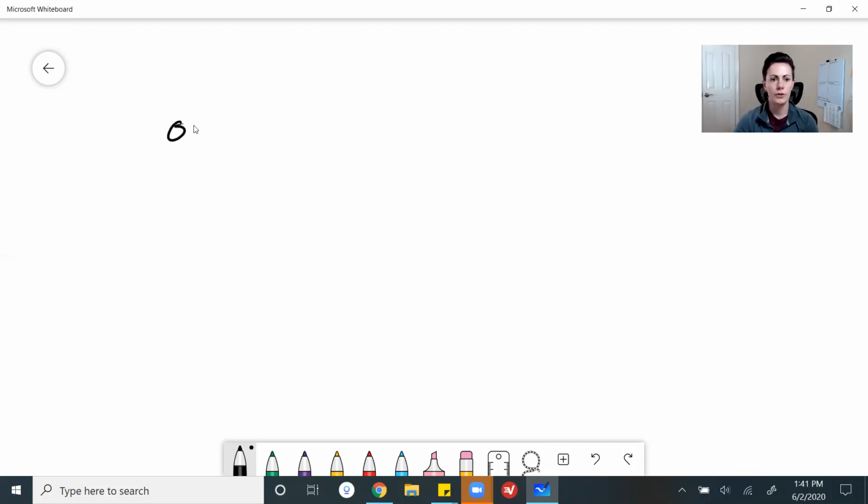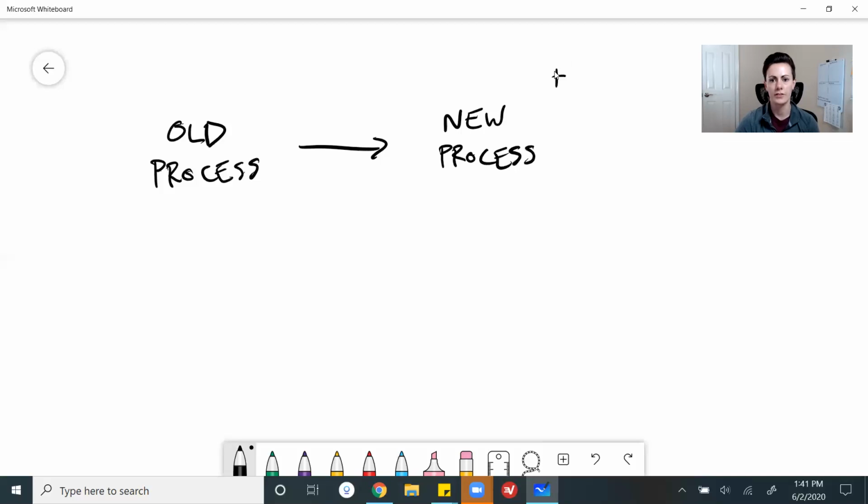So you have an old process and you are transforming that into a new process. Now, the new process is your app. Okay, that's what this new process is.